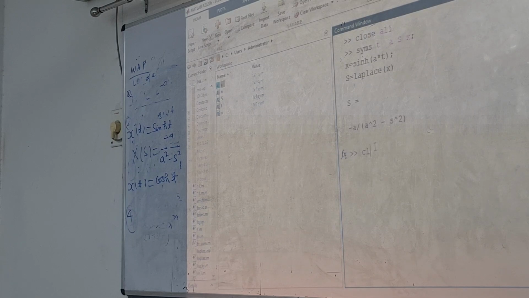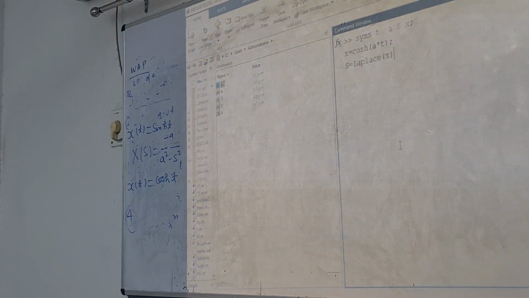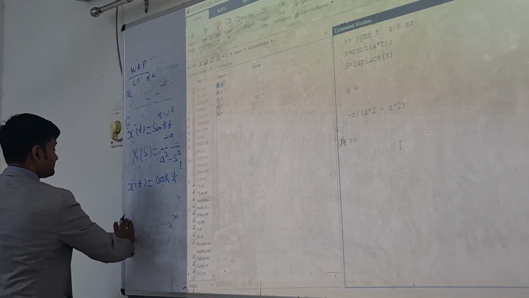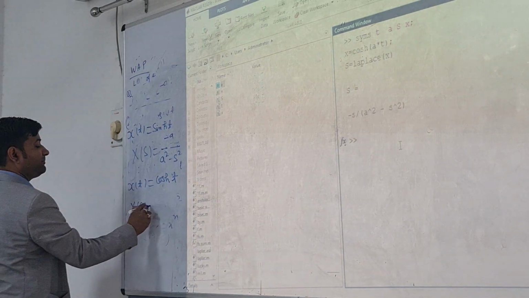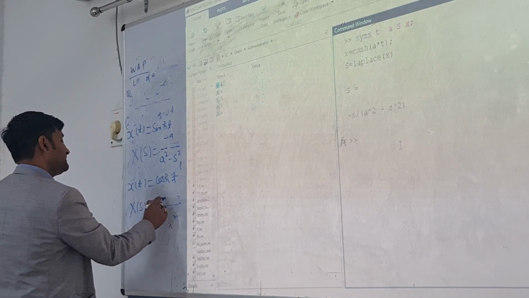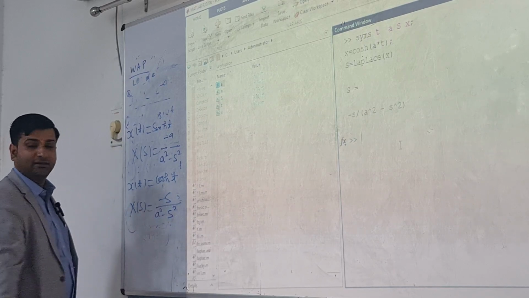Simply, you have clc. This is the standard result of the Laplace transform of this hyperbolic function, which can be represented as s upon s square minus a square.